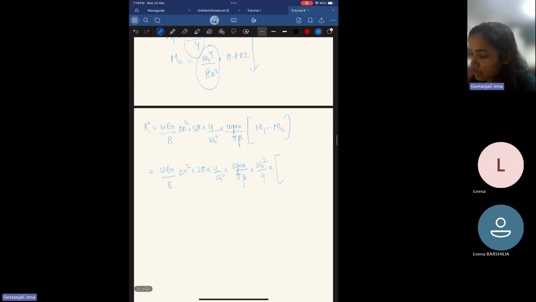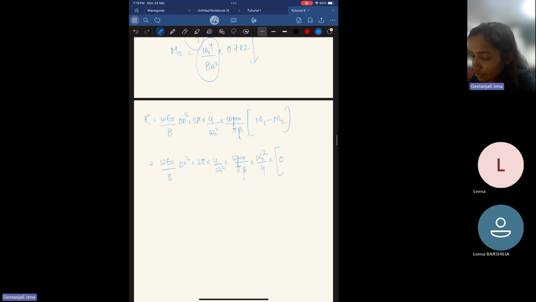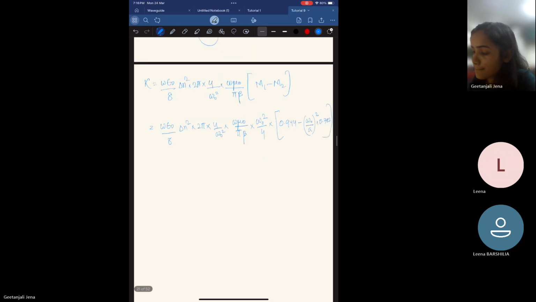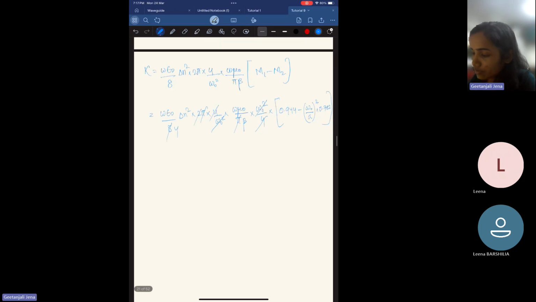What remains is 0.944 minus omega 0 by a squared multiplied by 0.782. Omega 0 square will cancel, pi will cancel, 4 will cancel, and 2 will cancel with 4.